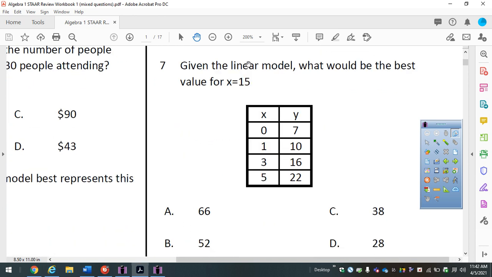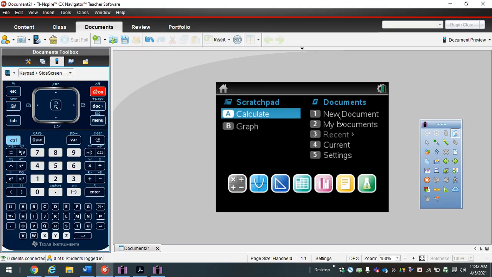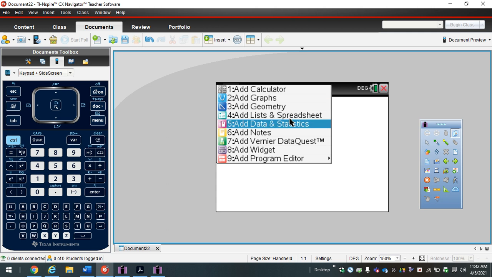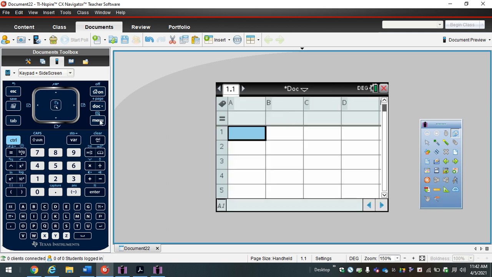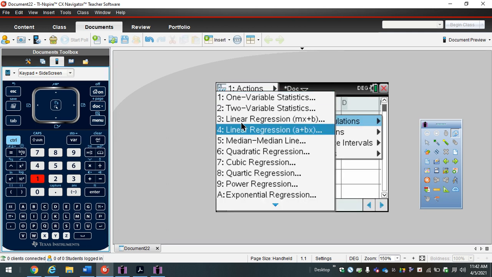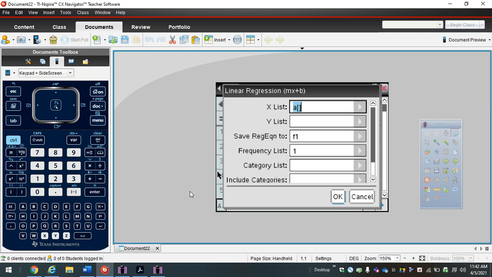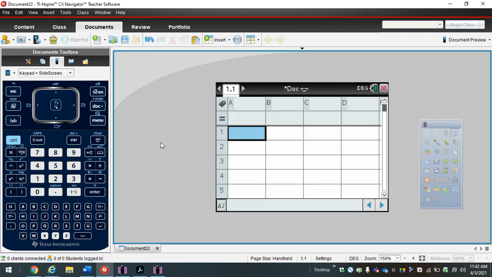Ooh, linear. Guess what I'm thinking? Linear. What does that mean? I see this, I think this. Listen to spreadsheets, and I go menu 4, 1, 3, linear regression, and I use my information given to me.